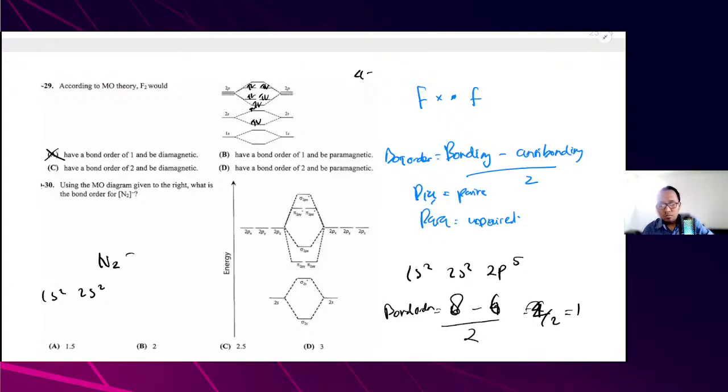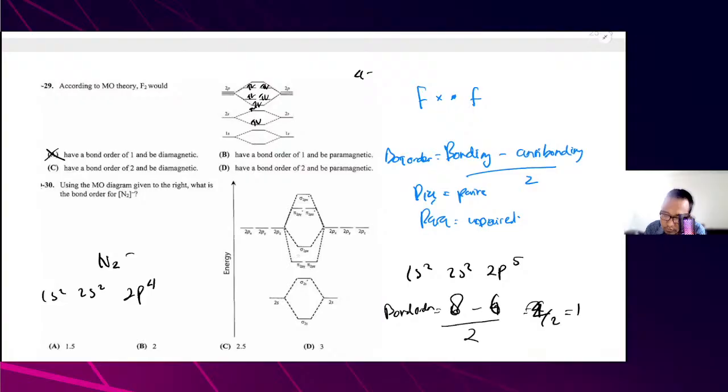So N2 minus would be 4, right? One of this, it will be having minus 1.